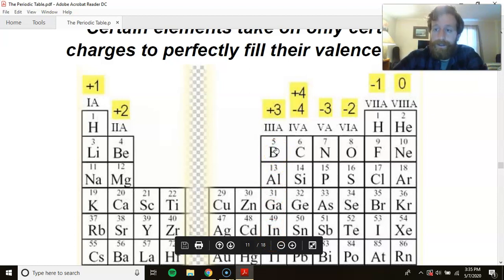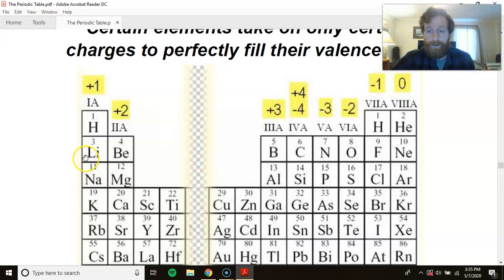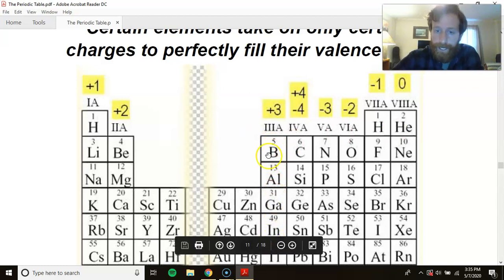It could either lose 3 or gain 5. If it gains 5, it gets to neon. If it loses 3, it gets to helium. And it's easier to lose 3 than it is to gain 5, simply because 3 is a smaller number. And so boron and the elements below it will take on an ion charge of +3. Carbon's in the middle.